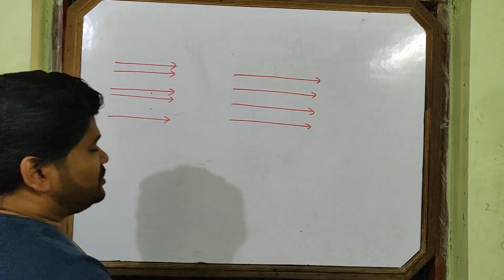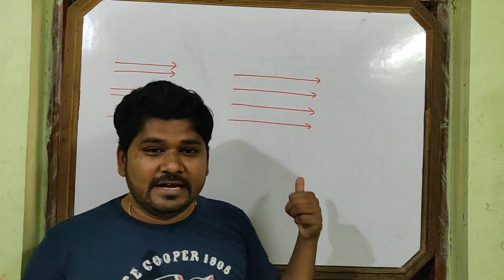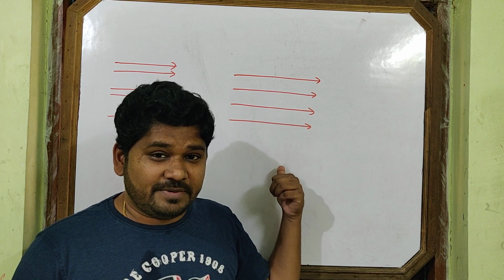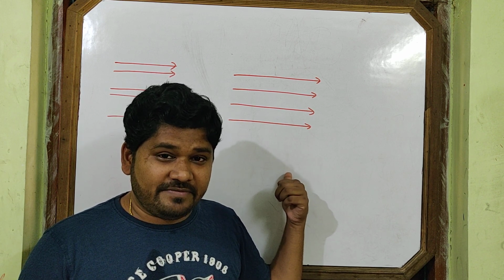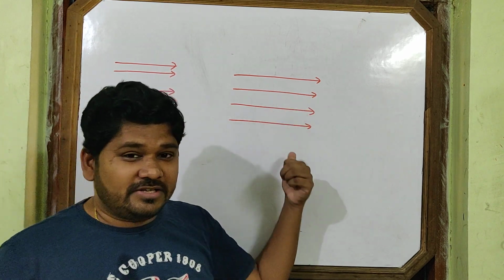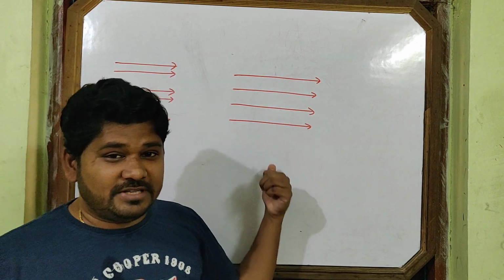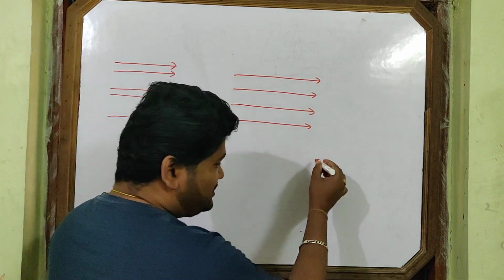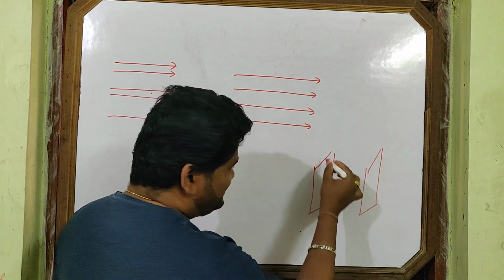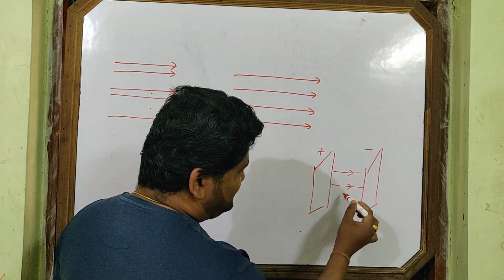Now, does this type of electric field exist in the universe? The question may come to brain. Does it exist in real life? Yes. You just recall while drawing the lines of force where I have drawn this type of electric field: one plate positive, one plate negative. There I have drawn this type of lines of force.